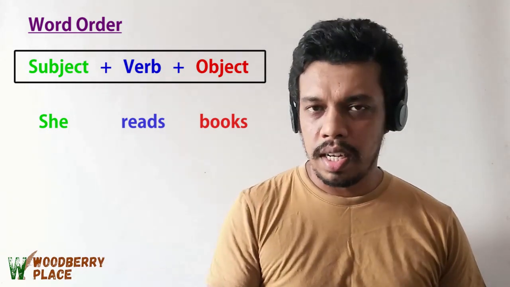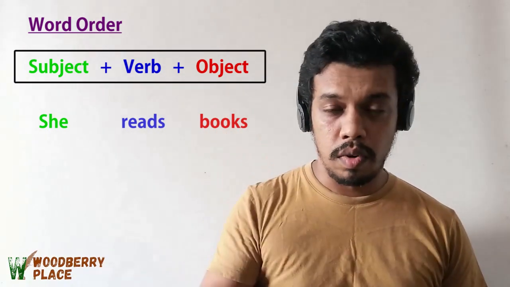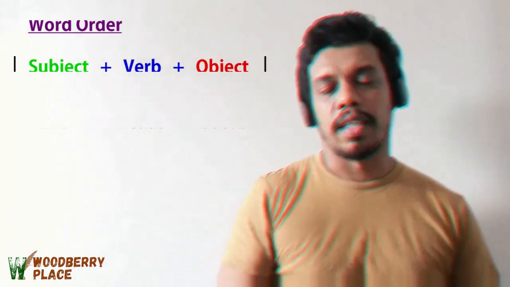You can see clearly what is the subject, what is the verb, what is the object. I suppose you have got the idea of the word order, and now I am going to talk about different sentence patterns which could help you to raise your English skills.